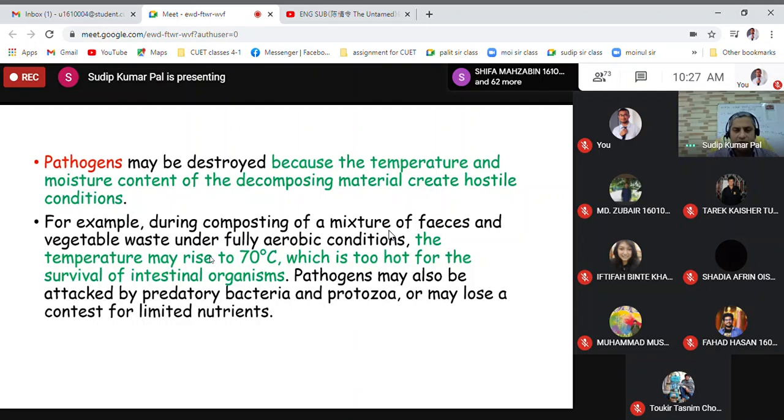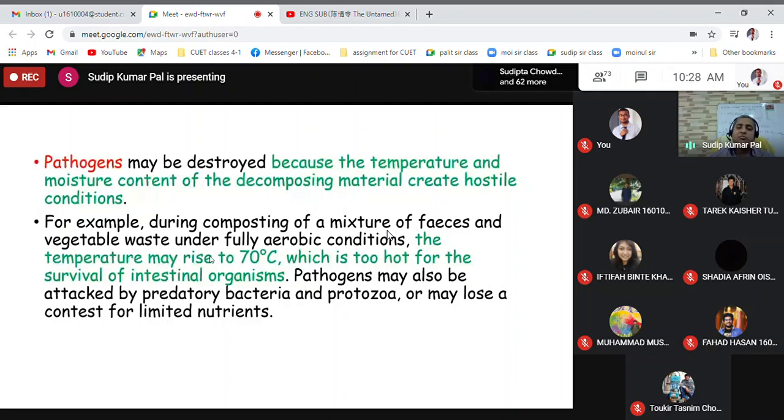So what is happening in that case is that these pathogens also need food. When they come out with the feces, they are also fighting with the bacteria, which are eating the organic matter. The pathogens need organic matter as their food to grow, and they try to fight with the bacteria present.